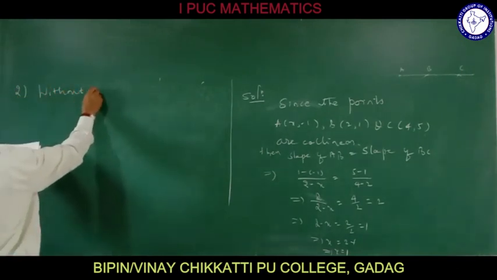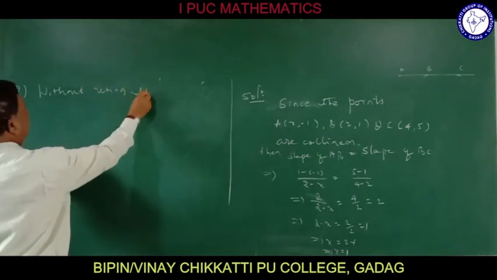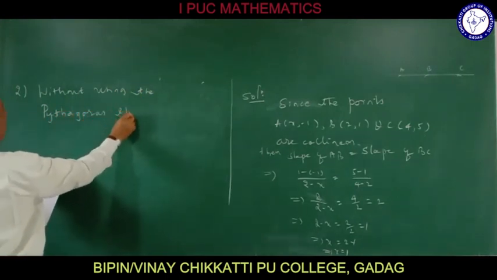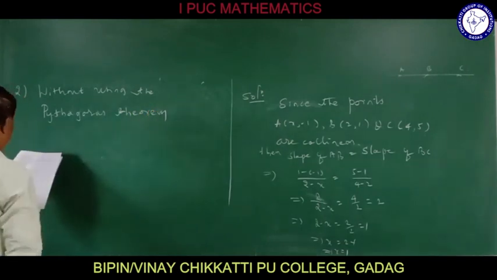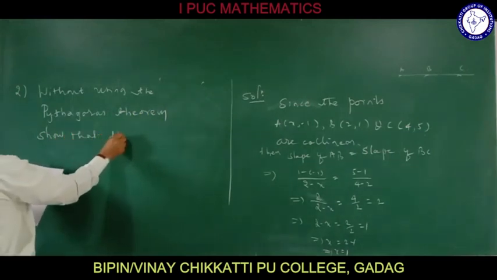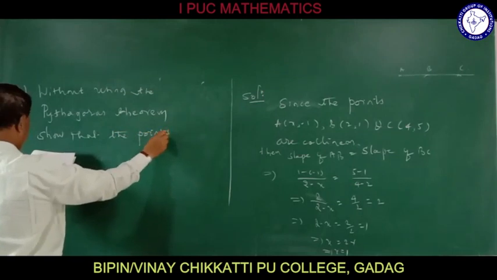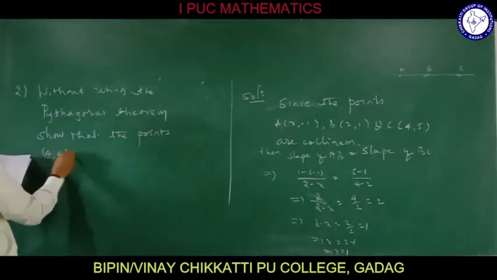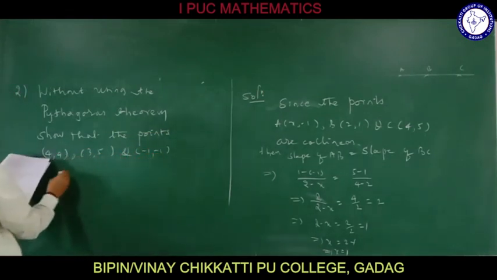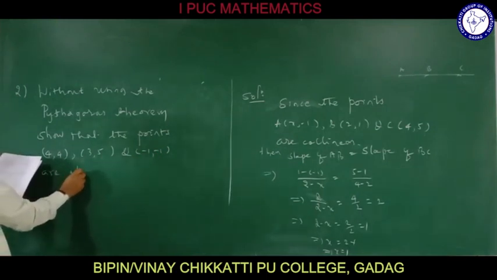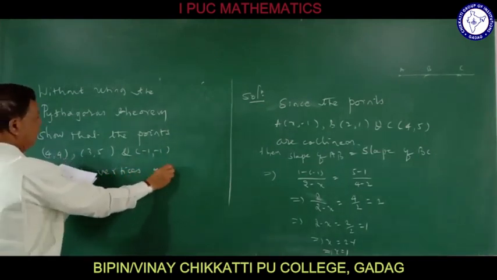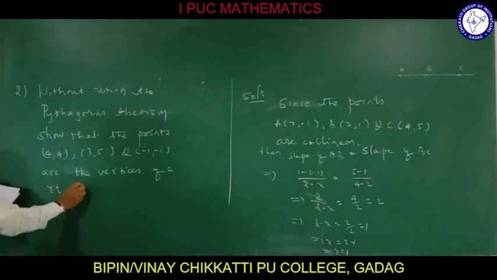Without using the Pythagoras theorem, show that the points (4, 4), (3, 5) and (-1, -1) are the vertices of a right angled triangle.